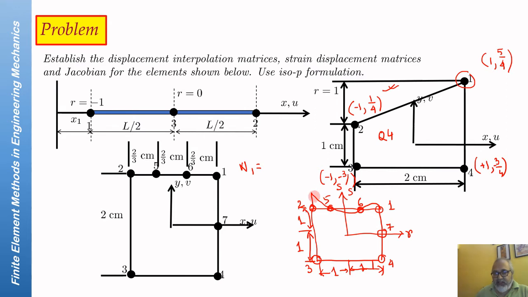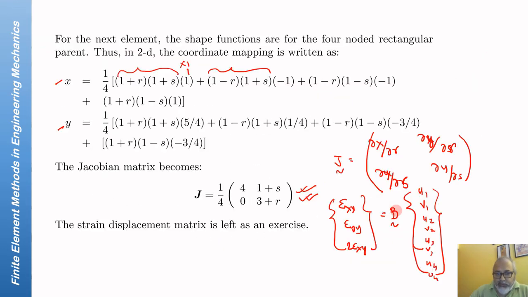So this is the third order Lagrange polynomial for n2. Similarly, for n5, the third order polynomial would be like this, and so on for n6. So these are third order Lagrange polynomials in R, and first order Lagrange polynomials in S.